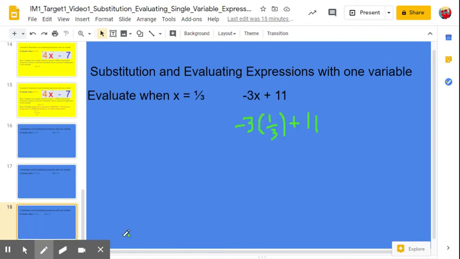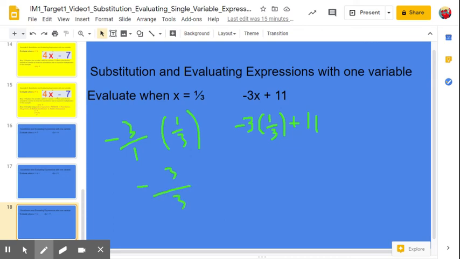All right, so we're going to substitute the 1/3 for x. So we know it's going to be negative times a positive is going to end up being a negative. Let's do the math here on the side. Negative 3 over 1. And then we're going to multiply that by 1 over 3. So multiply straight across, we're going to get negative 3 over positive 3.